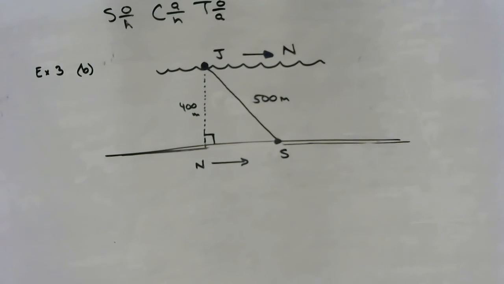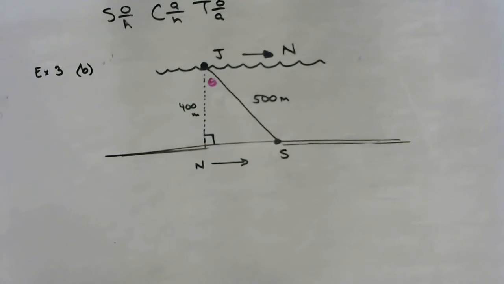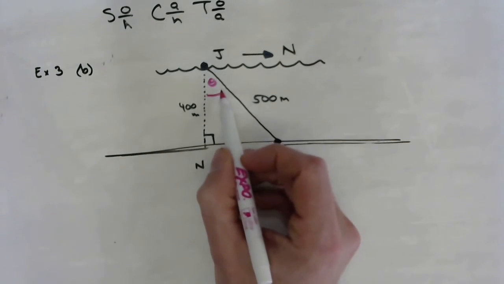Well, what do we have? We need to find what angle the submarine is located at with respect to Captain Jack's ship. So we are looking for this angle, and it's going to be toward the north.